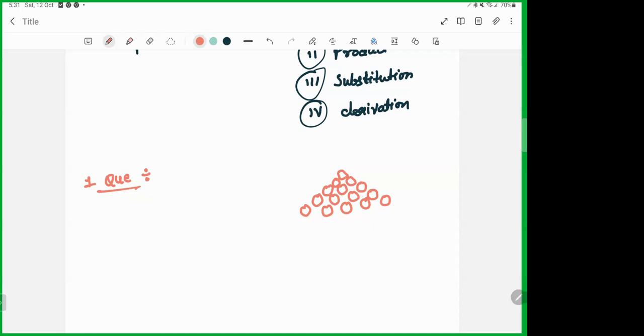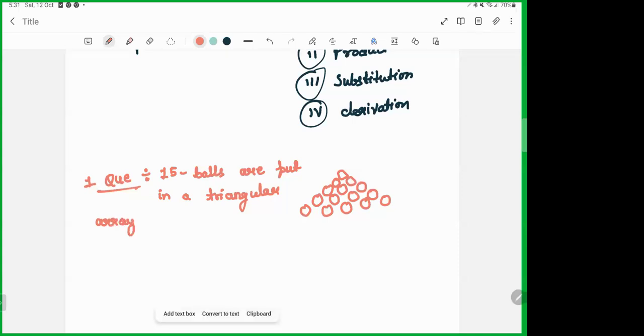So the question is saying that 15 balls are put in a triangular array as in the figure.